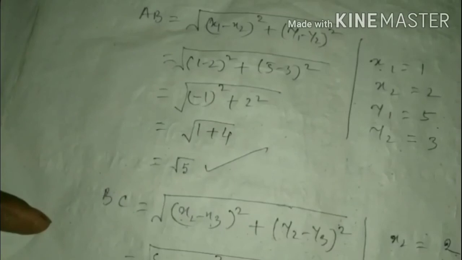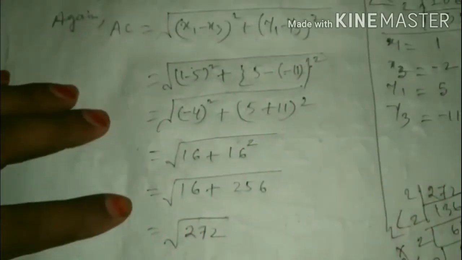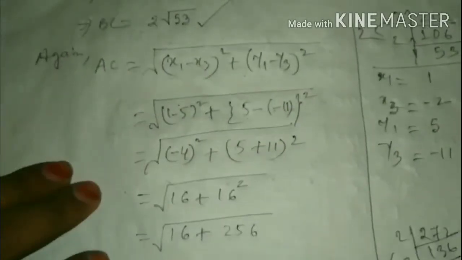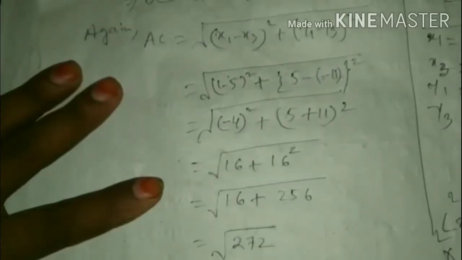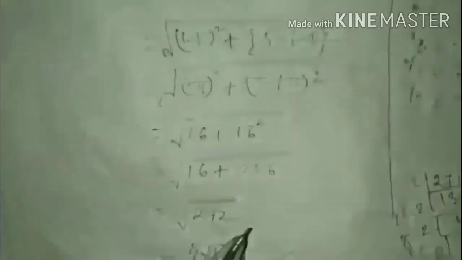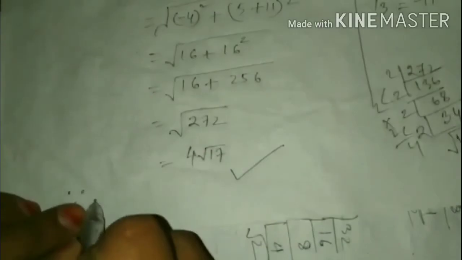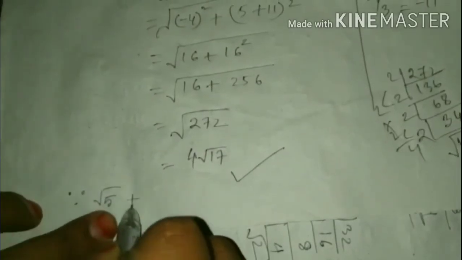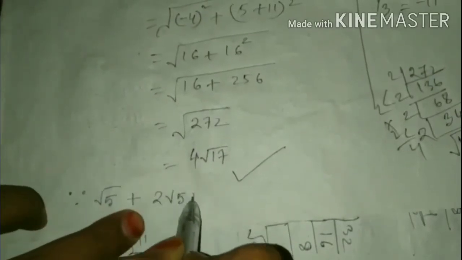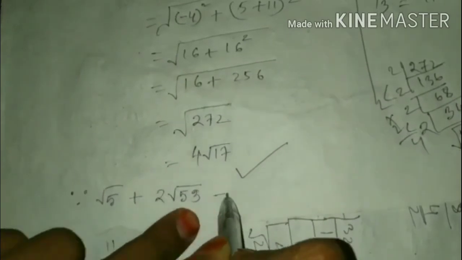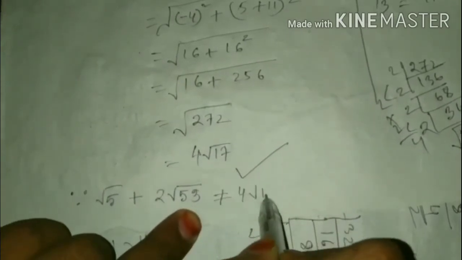root over 5. There is no condition for getting AB plus BC equal AC because, so what you can write? Since you can write root 5 plus 2 root 53 cannot be 4 root 17.